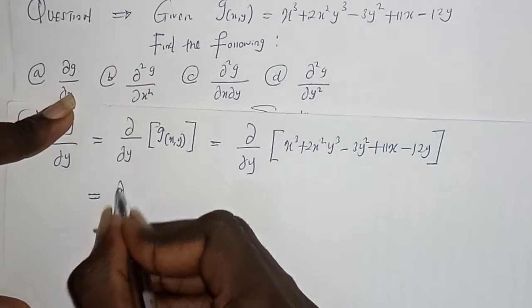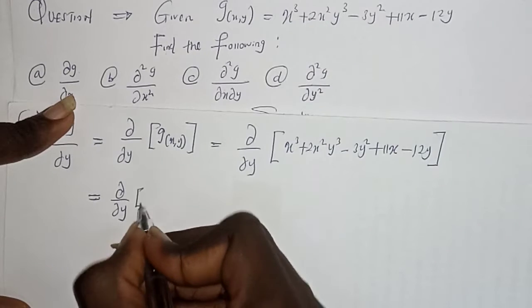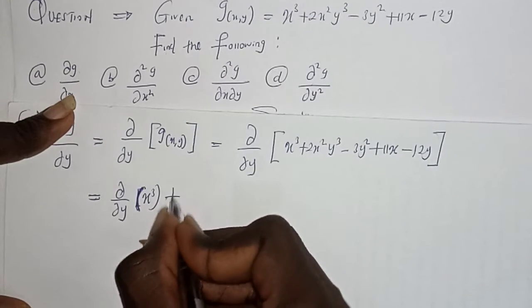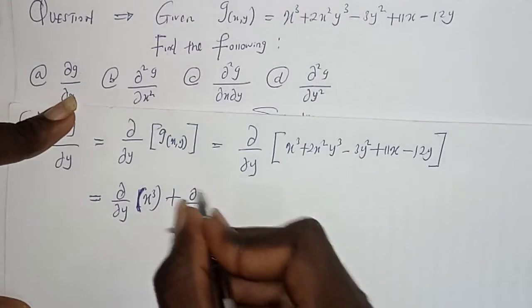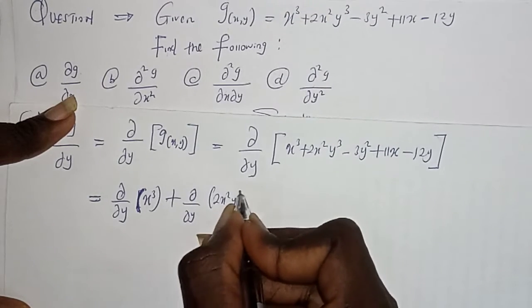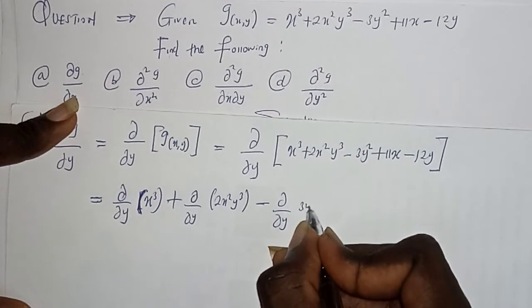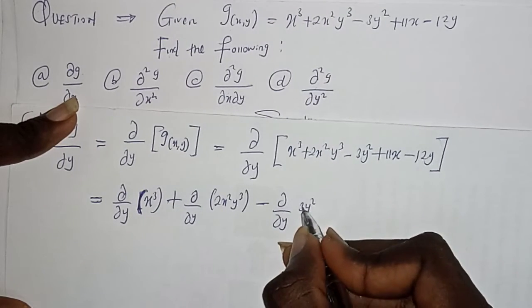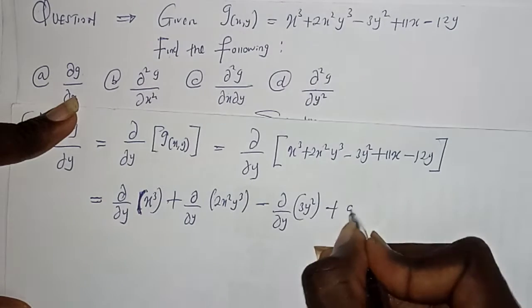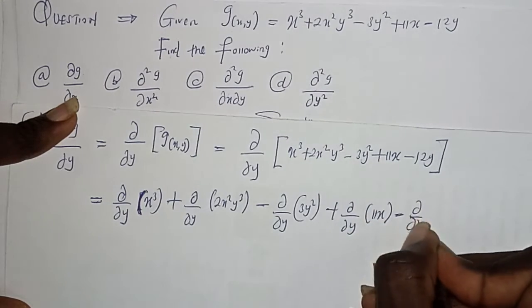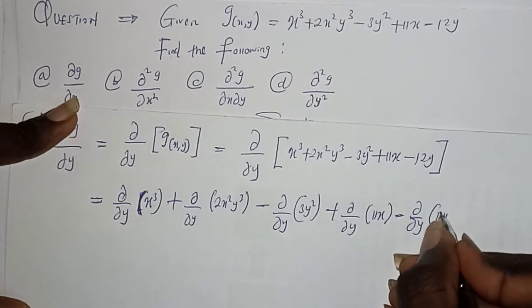So I will have del y of x raised to the power of 3, okay, plus del y of 2x squared y cubed minus del y of 3y squared, right? And then plus del y of 11x minus del y of 12y.